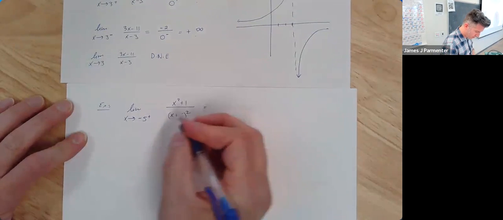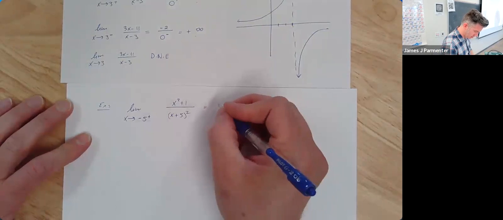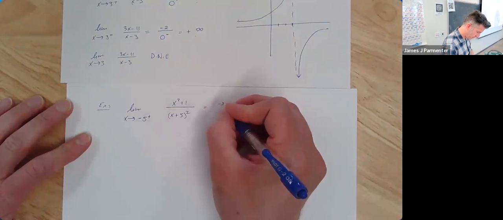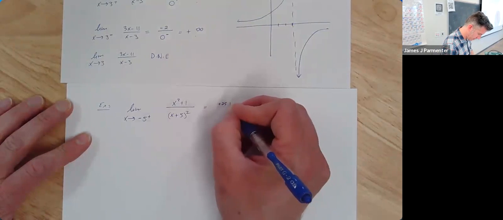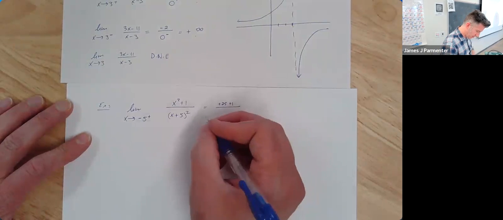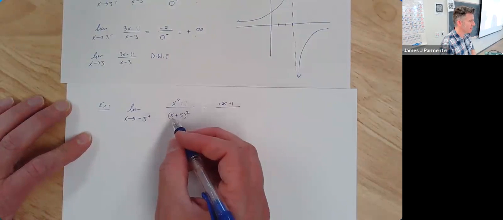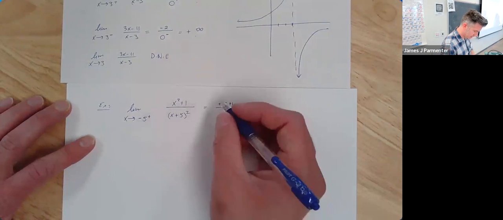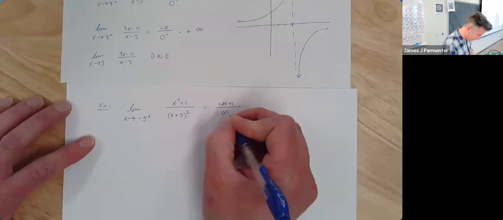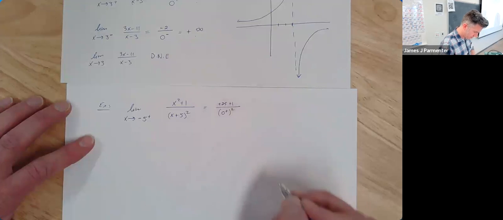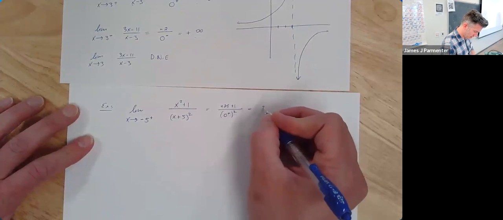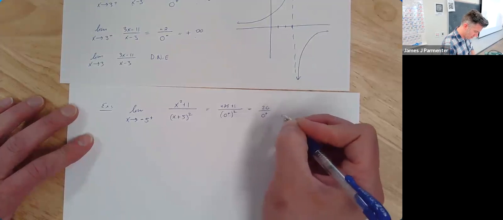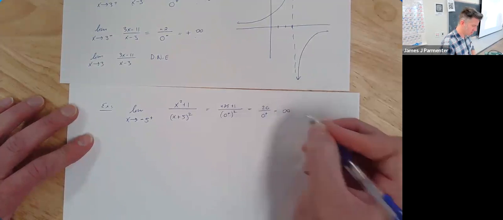So here, plugging in -5 to the top, I'm getting positive 25 plus 1, over on the bottom, I'm getting a number a little bit less negative. So negative 4.99 plus 5 is a slightly positive small number. So it looks like I've got 26 over 0, which is going to be going to infinity.